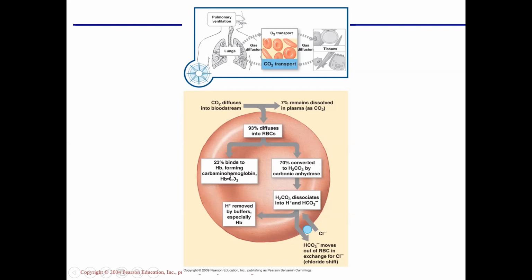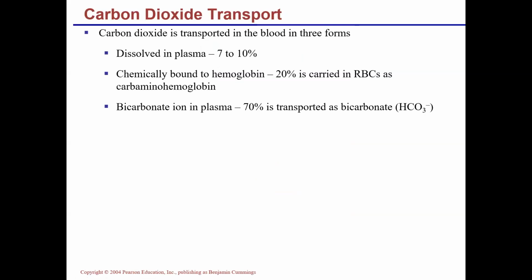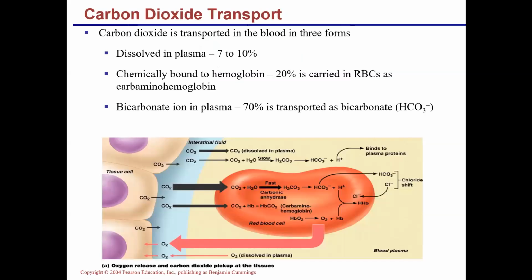If you remember this, CO2 combines with the hemoglobin, but it's not the same site as oxygen. It binds to a different part of the hemoglobin. CO2 can also be transported in blood in the form of bicarbonate ions. We'll talk about that. Also, some of the carbon dioxide can dissolve in the plasma.